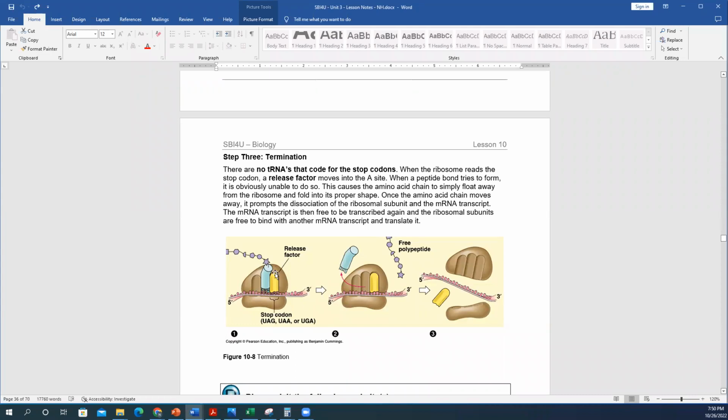And then when this peptide tries to form a peptide bond, there is no amino acid here, and so it simply causes the chain to come off of this tRNA and float away. And once this amino acid chain moves off, it signals the disassembly of the whole ribosomal complex, and the ribosome is able to go and bind to the next mRNA and initiate translation all over again.